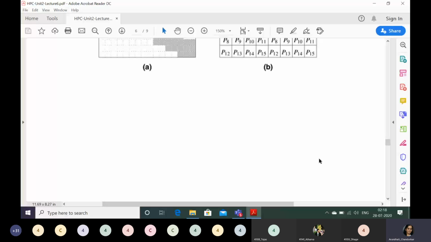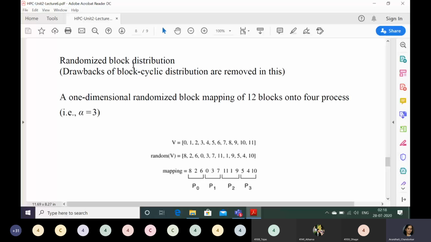So the last distribution, randomized block distribution. Drawbacks of block cyclic distribution are removed in this. Just now we had seen the sparse case. So how is it removed, or how to do randomization? Again, it is a block array. So focus here.